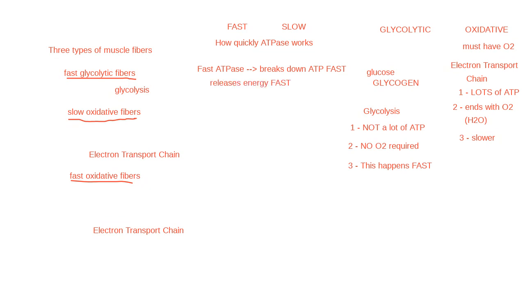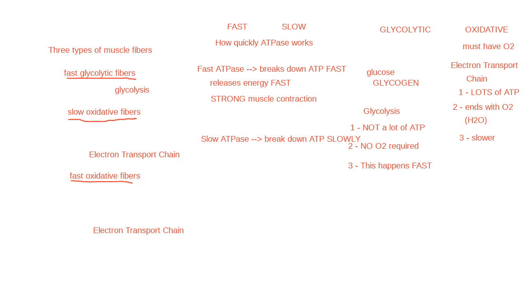What that means for you on a practical level, if I'm releasing stored energy really fast, is that I'm going to have a really strong muscle contraction. If all of a sudden I can get all of the energy out of my ATP, that's going to allow me to make a really strong muscle contraction. If I have a slow ATPase, that means I'm going to break down ATP slowly.